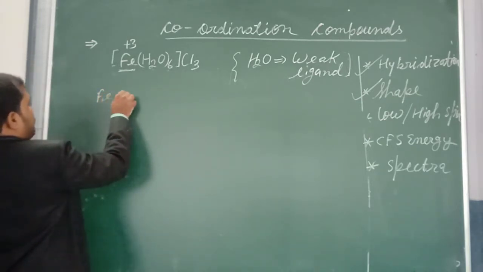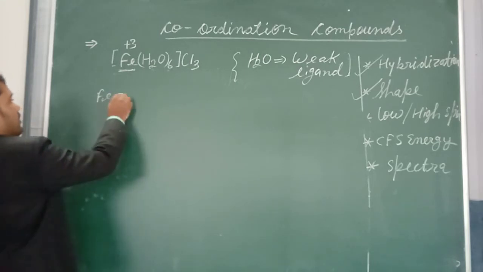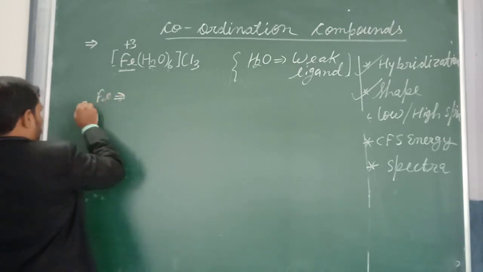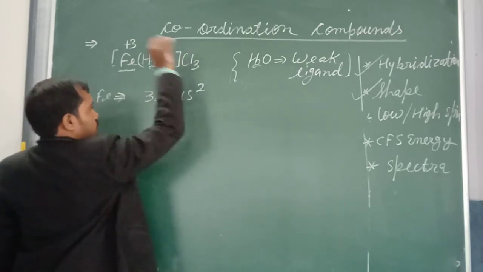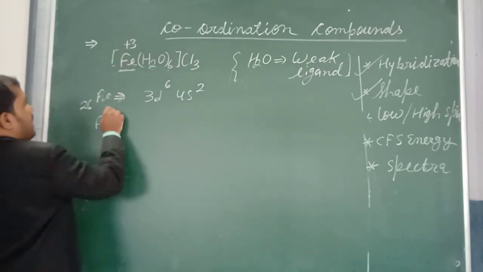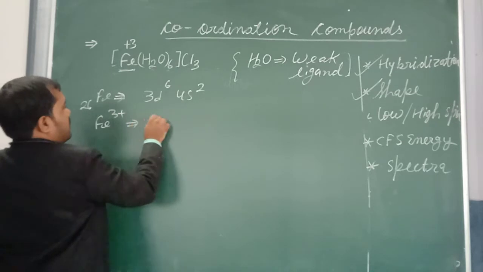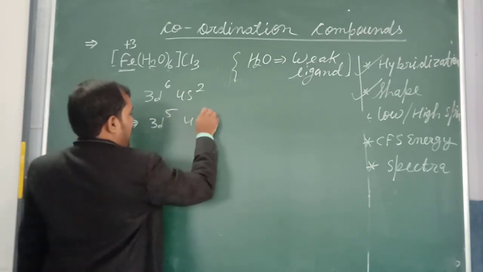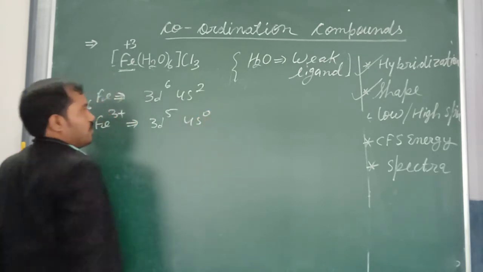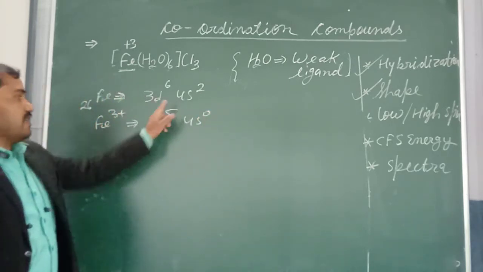Here iron, atomic number 26, 3d6 4s2. In case of iron 3 plus, 3d5 4s0, because we have removed 3 electrons.